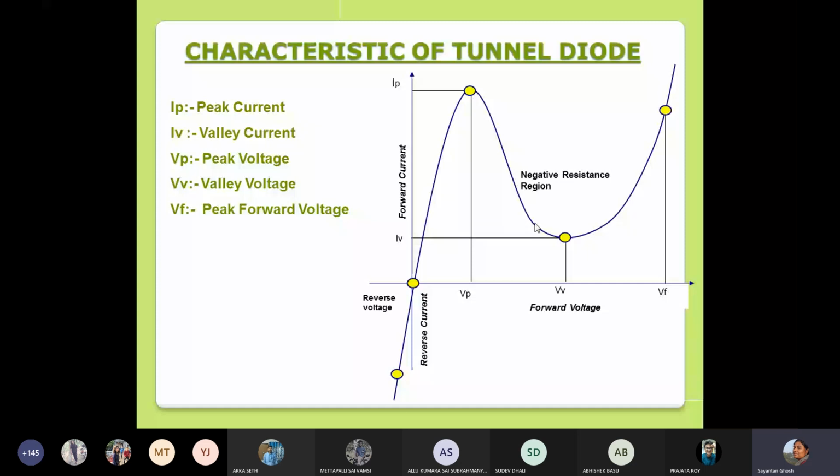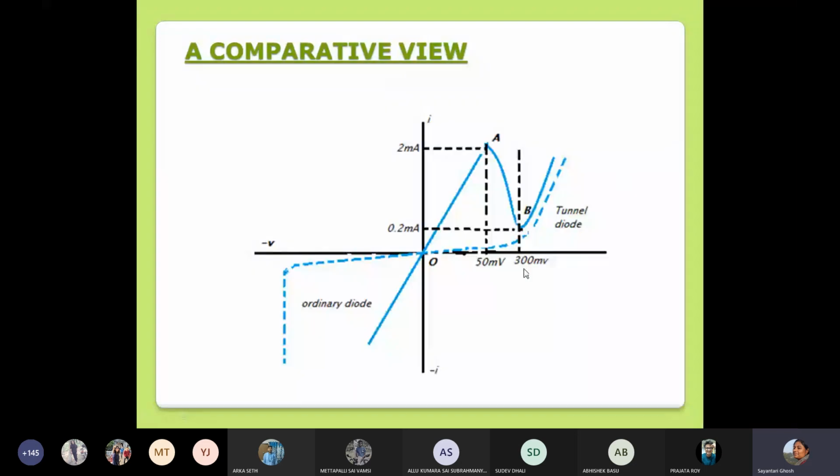Let us have a quick idea of the numbers. For a germanium diode, 0.3 volts or 300 millivolts is the cut-in voltage. From there, a significant amount of forward current starts flowing. But here you can see that at around 50 millivolts, the tunneling current is maximum. So if you make a germanium tunnel diode, the tunnel current is maximum at around that value.